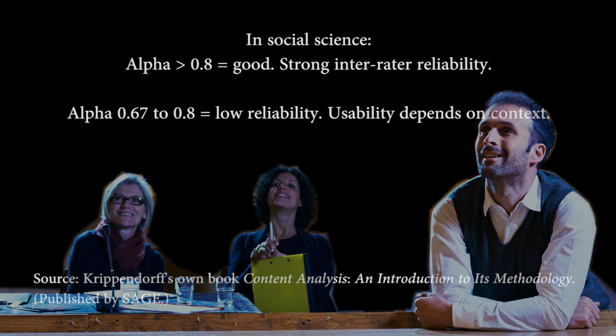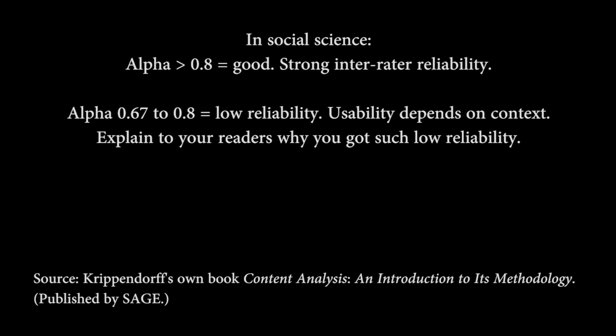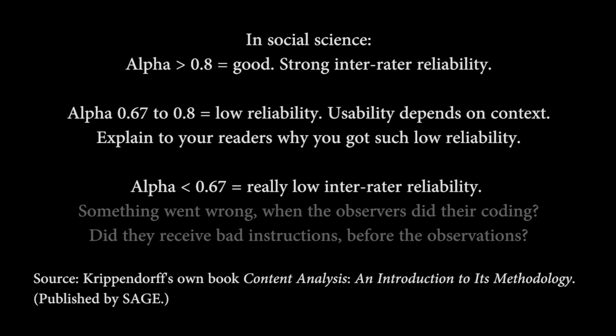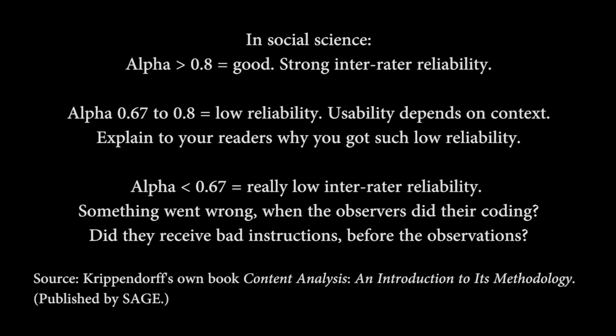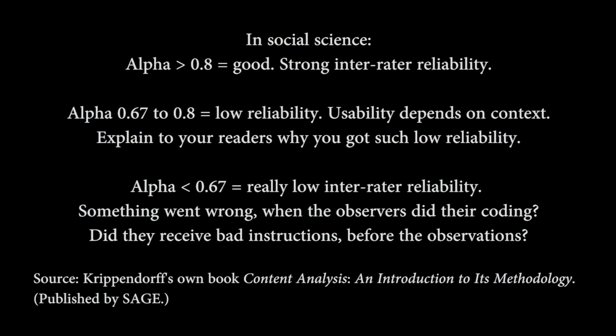You could use this in a report, but you need to explain to your readers why you got such low reliability. An alpha value below 0.67 indicates a really low inter-rater reliability. Perhaps something went wrong when the observers did their coding. Did they perhaps receive bad instructions before the observations?